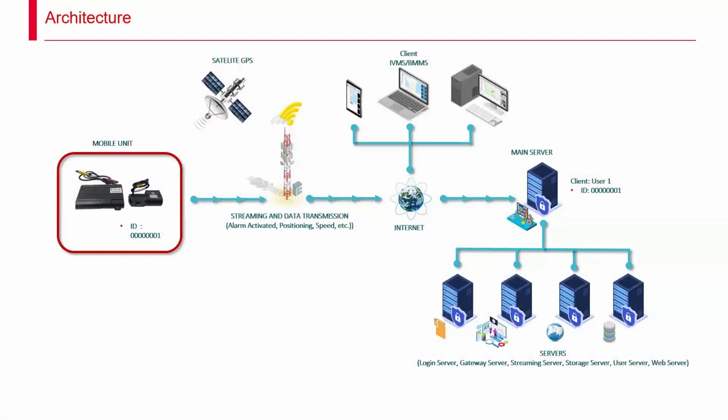Architecture. So let's get a little bit into this. The camera does require a server to run in the background. That server is going to be the go-between between the unit and the client. And the way this works is, of course, the unit itself has a 4G SIM card in it, which will connect to the internet, and that'll connect to the server, as well as the client will connect to the server.